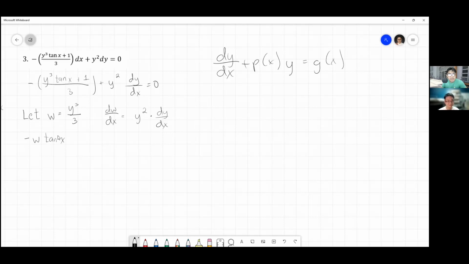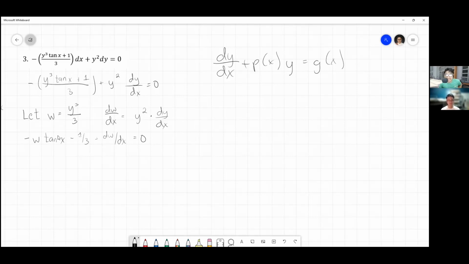And then, meron tayo dito minus 1/3. And then, meron tayong plus dw over dx equals 0. Ayan. So, mas malapit na siya dito sa form na to natin.